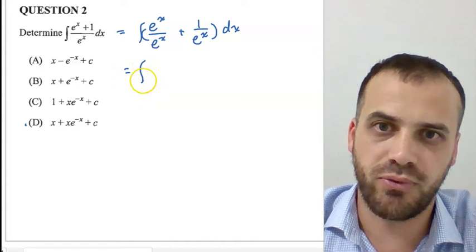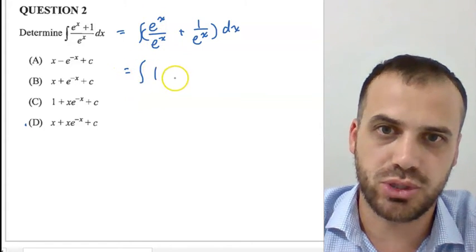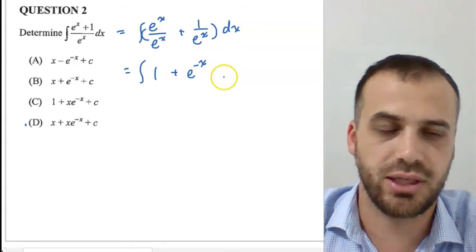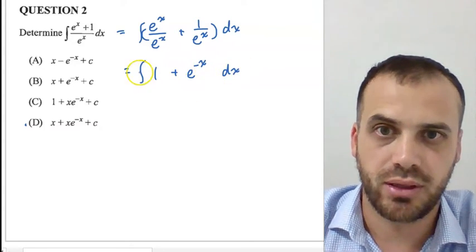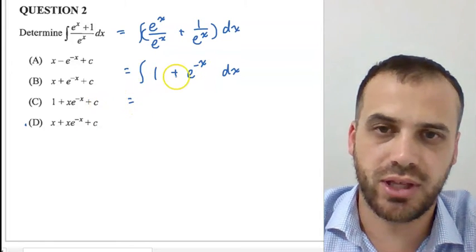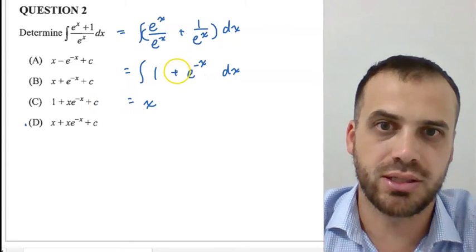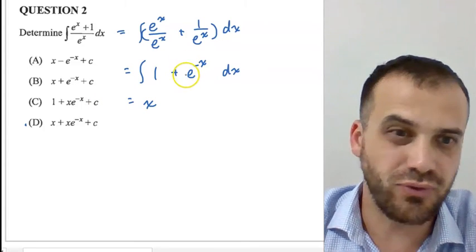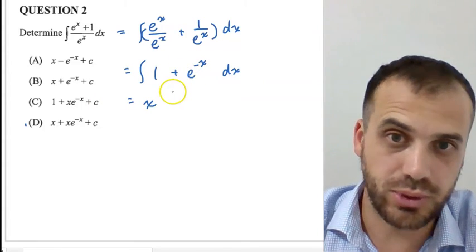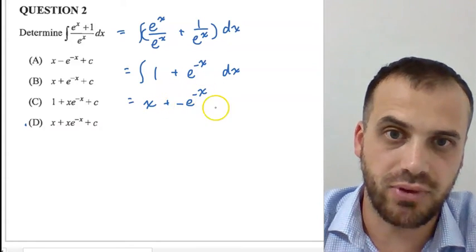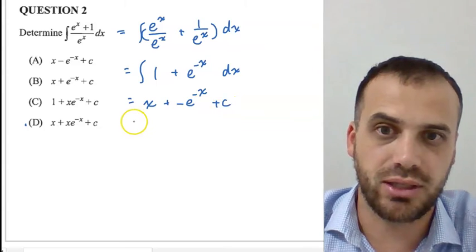All right, so I'm finding the integral of e to the x over e to the x, which is 1, and then plus this e to the negative x, with respect to x. Brackets. Okay, after that, the integral of 1 is x. The integral of that is this divided by negative 1, which is just going to end up being negative e to the negative x, and I get this plus c on the end.